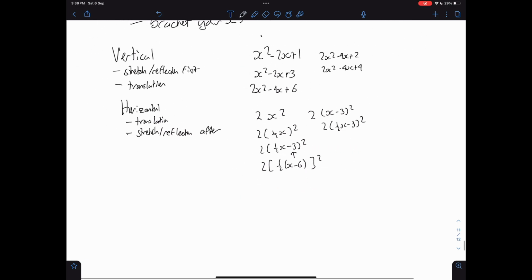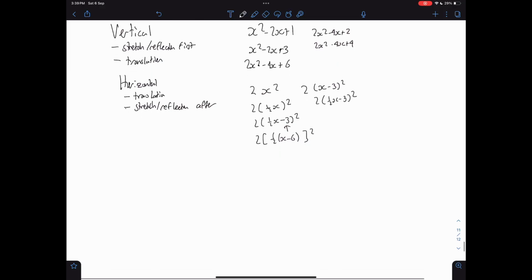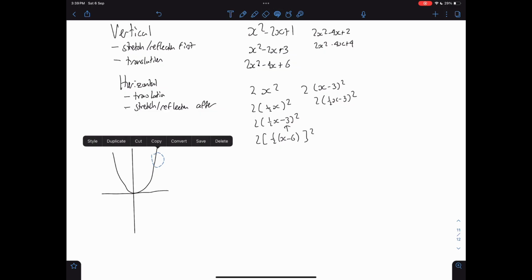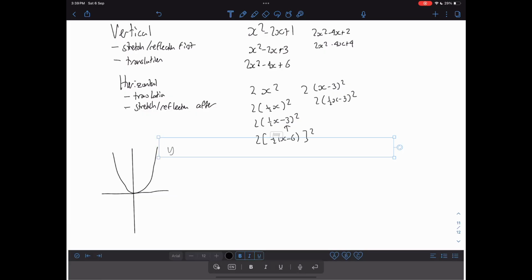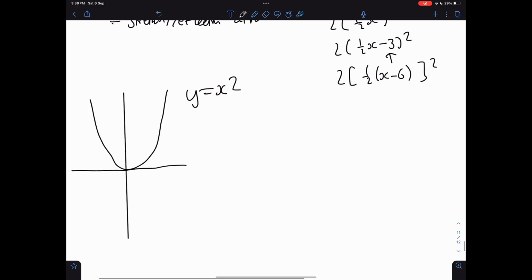And on a final note, I teased earlier about using transformations of functions to see why the vertex works. So if we take this graph, which is y equals x squared, and then we translated it to the right.